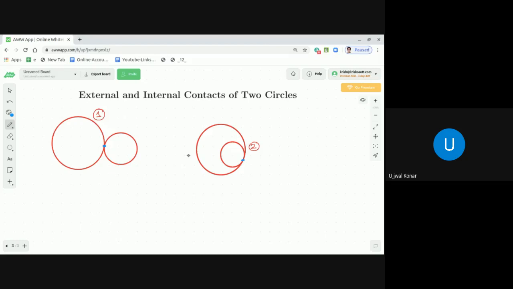To find that, what you need to know is, for the first circle, the coordinates of its center.